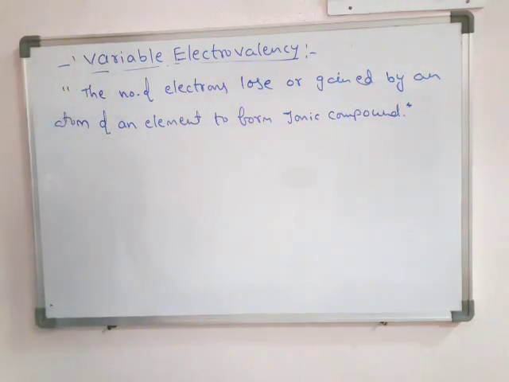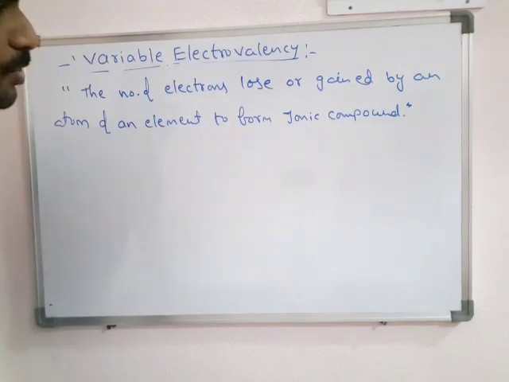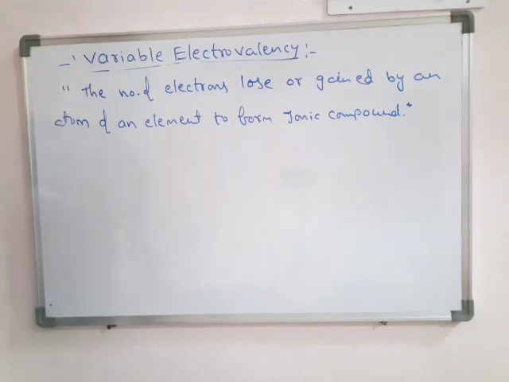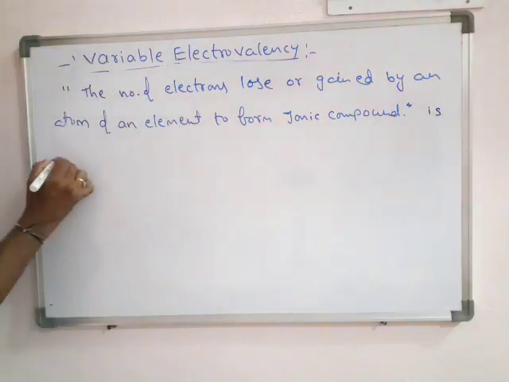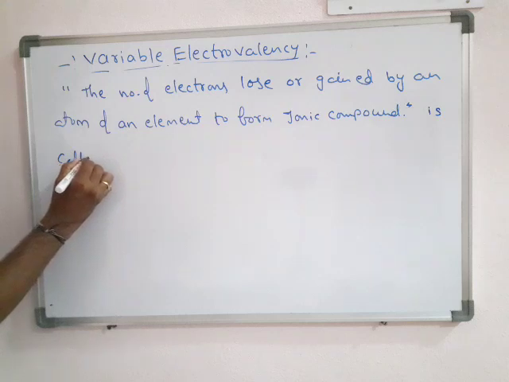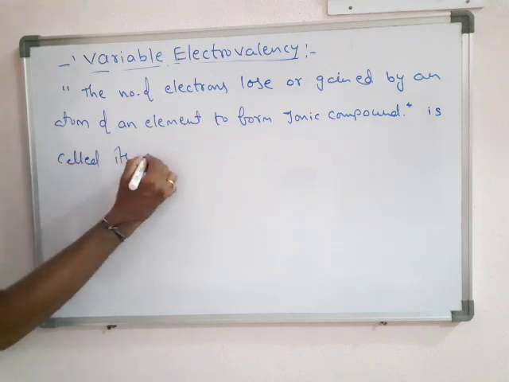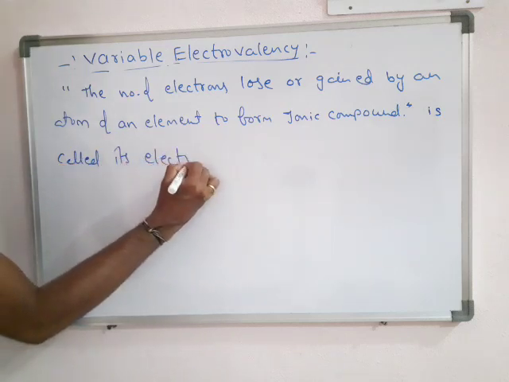The number of electrons lost or gained by an atom of an element to form an ionic bond, nothing but an ionic compound, is called its electrovalency.